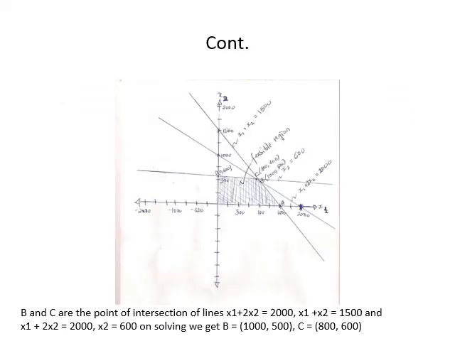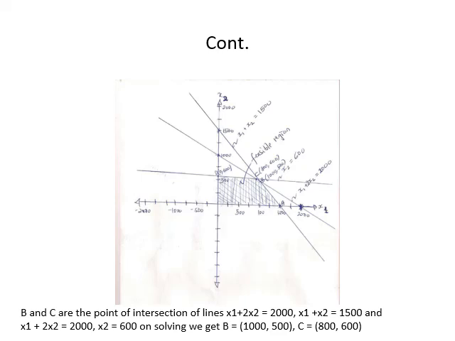So now after plotting the various equations on the graph, we found the border points A, B, C, D.